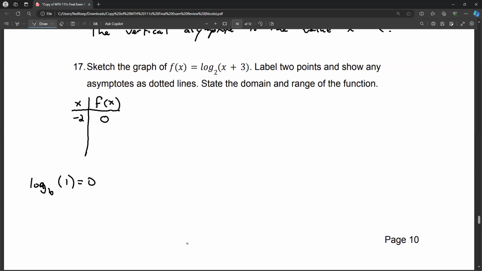That's a nice one, right? The next property that I'll apply is log base b of b is equal to 1. So we have a log base 2. So I want the argument to be 2. So if I plug in x equaling negative 1 and add 3, that'll be 2, right? So log base 2 of 2, of course, is equal to 1. So easy enough.